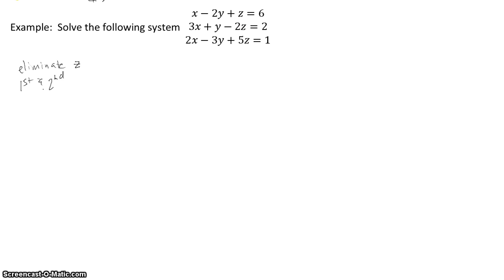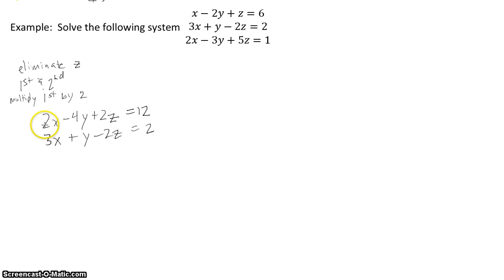So I need to multiply the first one by 2. So I have 2x minus 4y plus 2z equals 12. I'm not doing anything with the second one, so it's 3x plus y minus 2z equals 2.